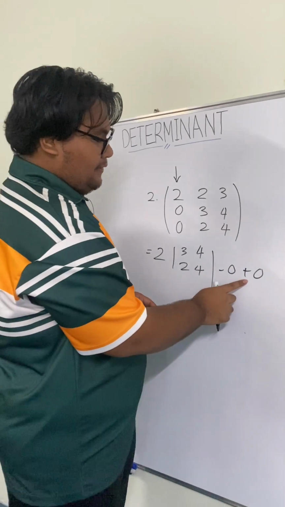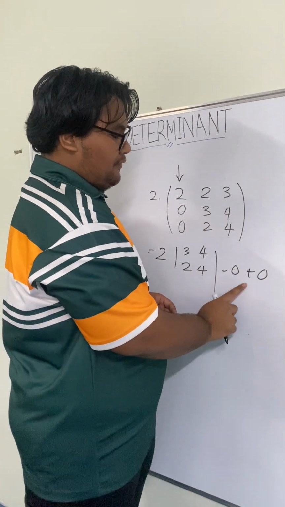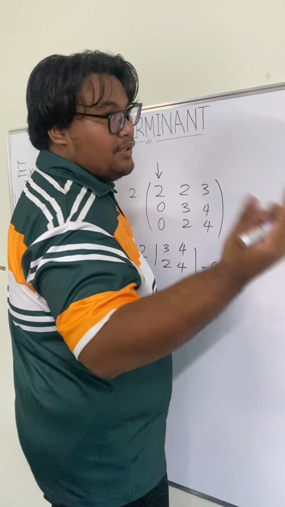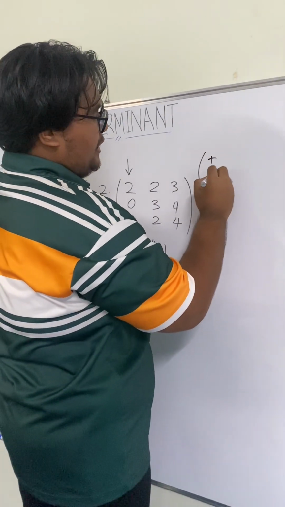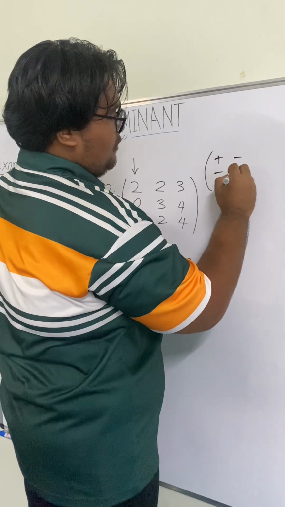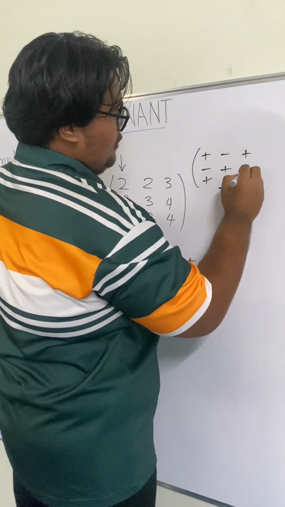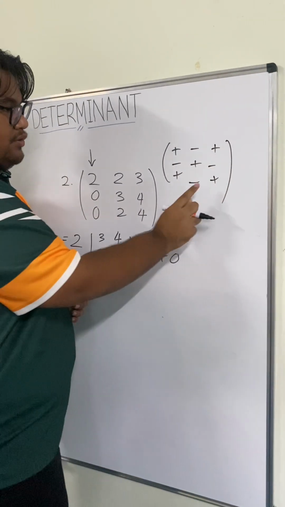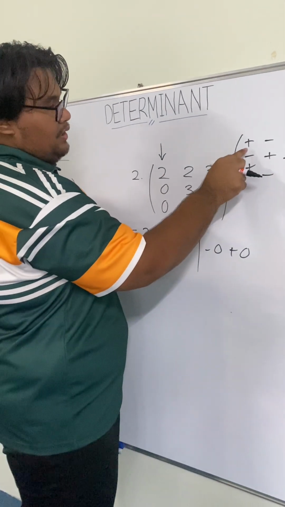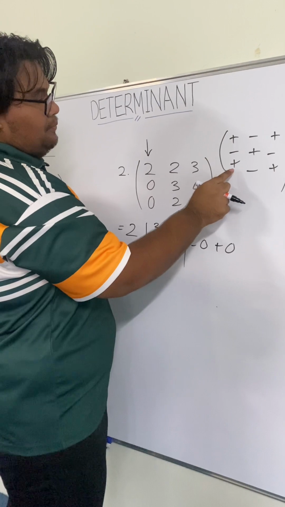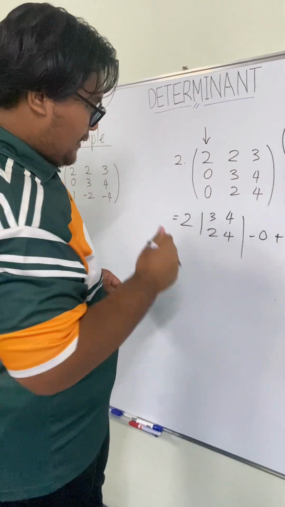As for the sign, whether it's negative or positive, before this you just learned the sign pattern, right? So you just use this one. For this one, just positive, negative, and positive. Okay.